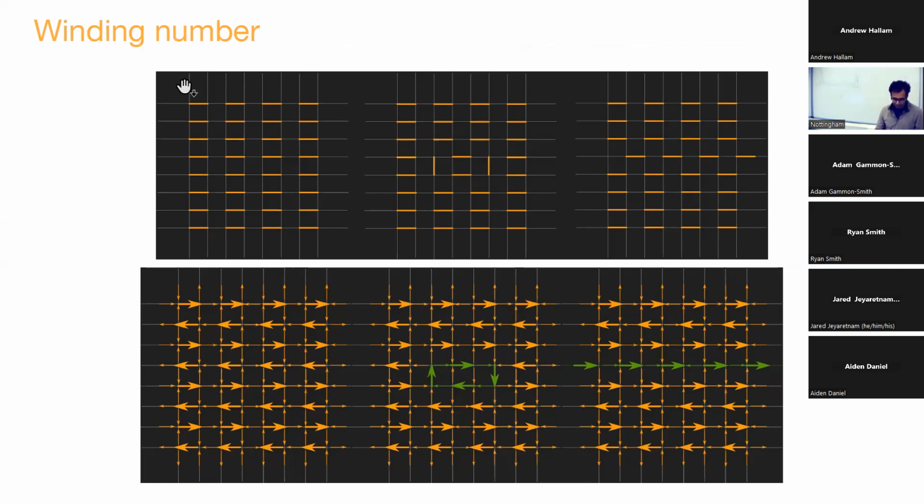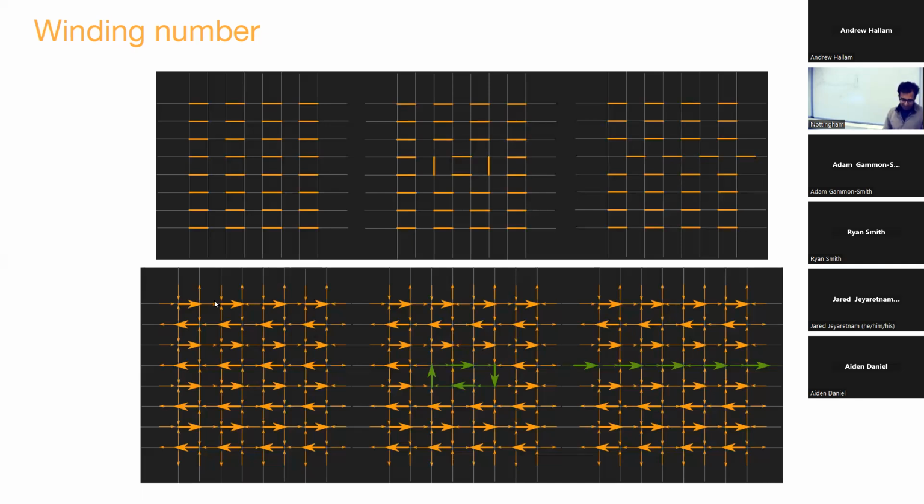In terms of the dimer configuration, you can think of the dimer constraint as a divergence-free condition: whenever there is a dimer connecting an A sublattice to a B sublattice of this bipartite lattice, there is a flux of 3 going from A to B, and whenever there is a line from A to B where there is no dimer occupied, there is a flux of -1 going between them.